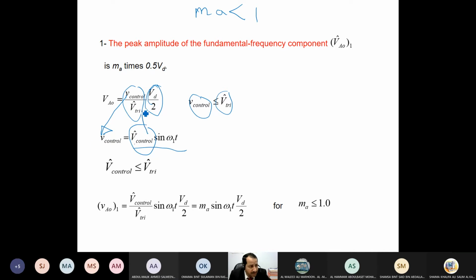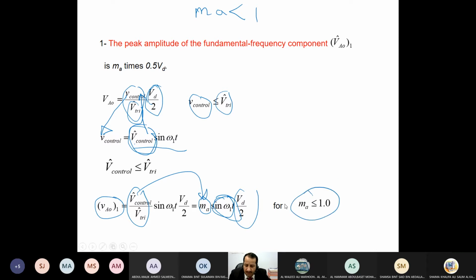Then when we substitute this here, we get V sine omega t, and V control divided by V triangle, as you can see here, will give me MA according to the definition. So what does this tell me? It tells me that the output fundamental voltage is MA, forget about the sine, just to give me this waveform, times half the voltage for half leg, for one leg, half bridge. This is in the case of linear modulation.